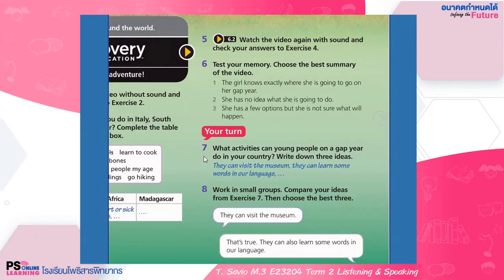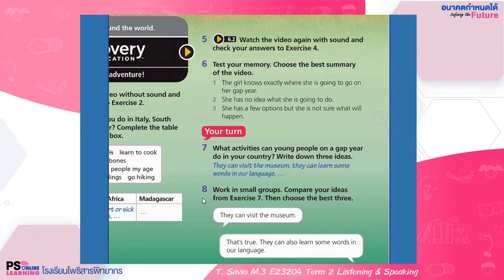Exercise 7. What activities can young people on a gap year do in your country? Write down 3 ideas. Example, they can visit the museum. They can learn some words in our language. You can write some more ideas. And exercise 8.